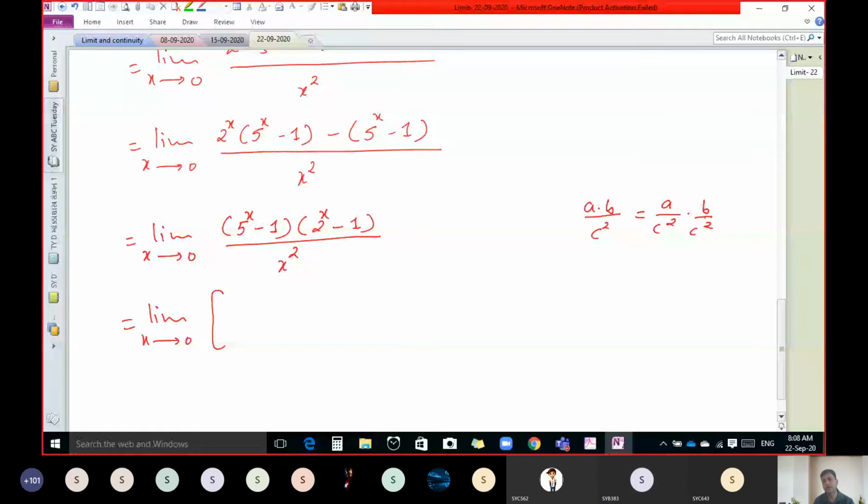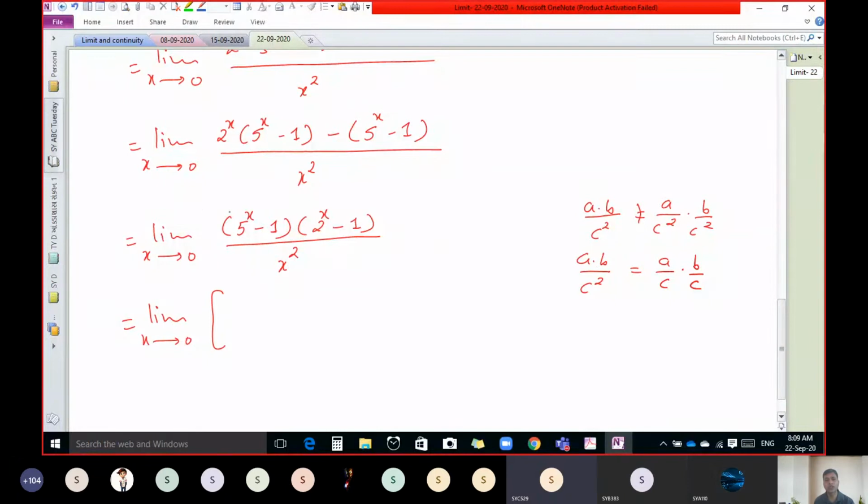No, sir, because it is a multiplication. Because it's a multiplication in the denominator, you will get c raised to 4. So this is not true. Okay. Can we write this like this? Yes, sir.